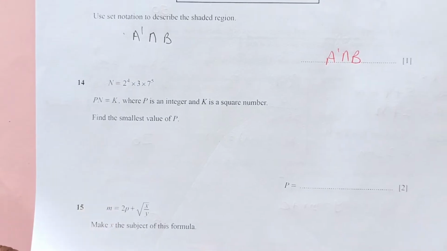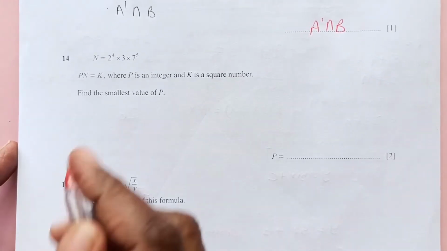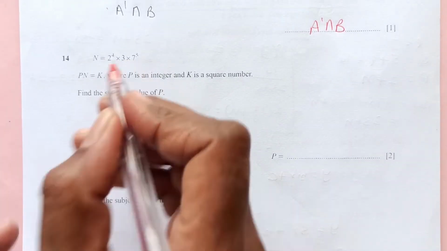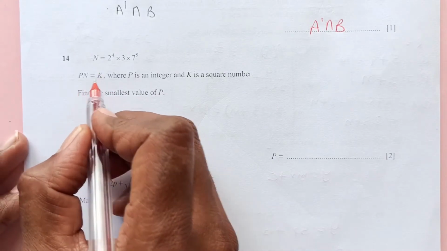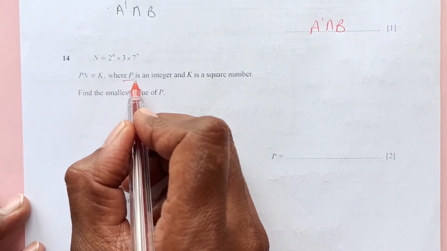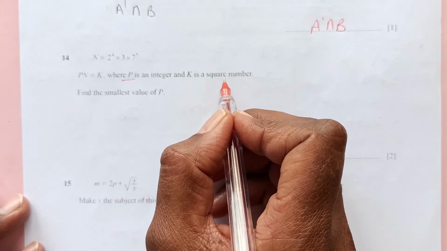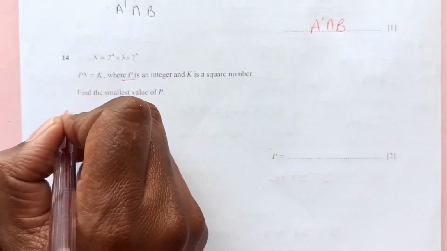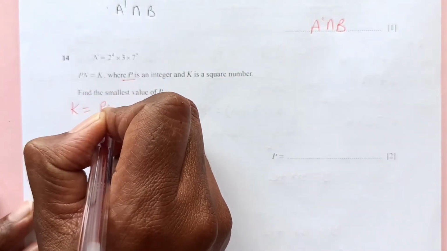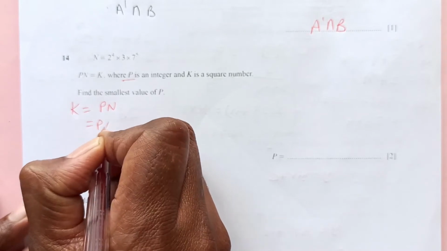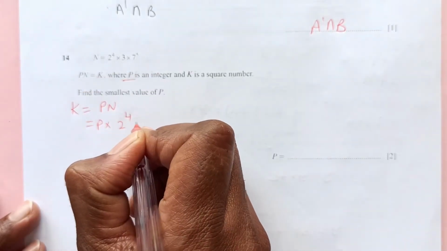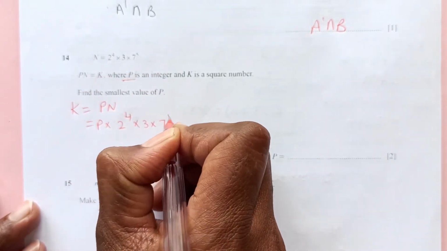Now number 14. n is given to us as 2 power 4 times 3 times 7 power 5. pn is equal to k, where p is an integer and k is a square number. So now k is equal to p times n, so p times n is 2 power 4, 3, 7 power 5.